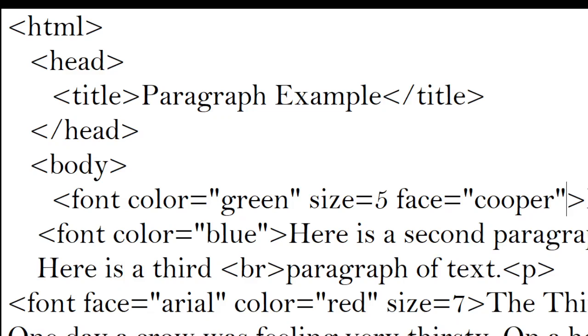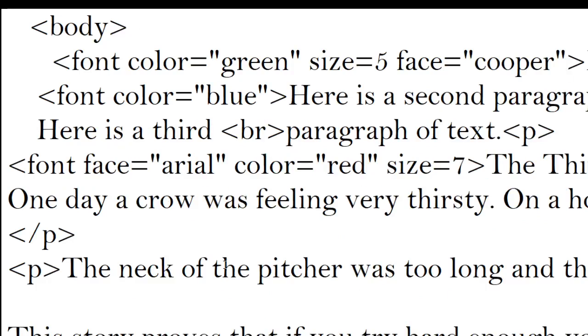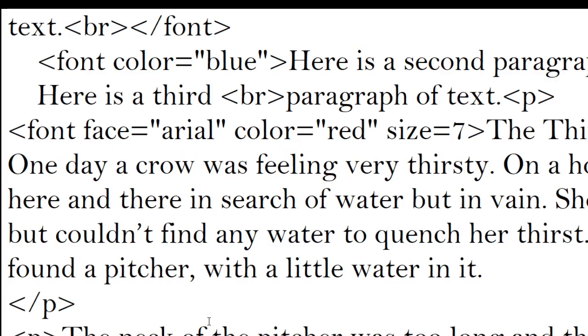So let's start. Again, you open your notepad here. Already opened. For example, here we can change it. This is our text, and for example, we have written in our paragraph, one day a crow.